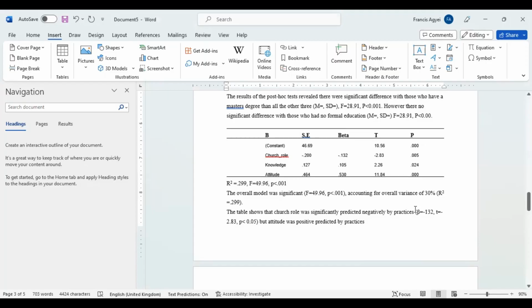So let me just put this here and then change the figures. So this one, the beta was 530. The T 11.84, and then this one is 0.1.